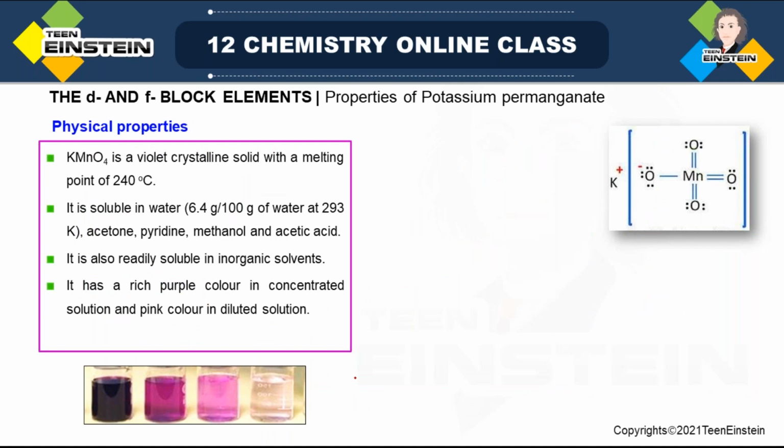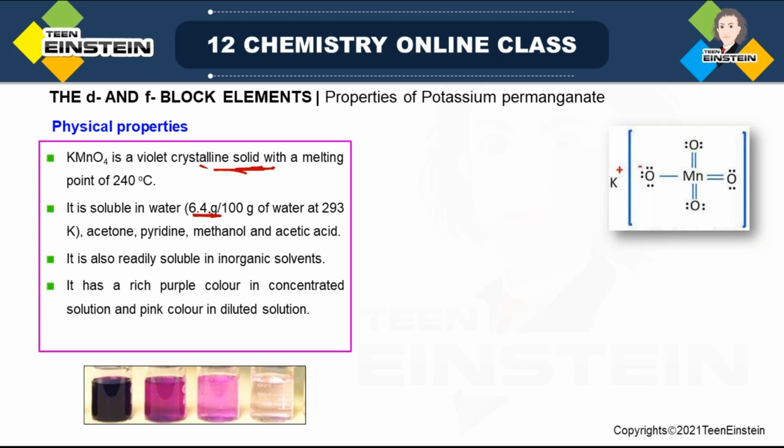After the preparation method of KMnO4, now we will see its physical properties. It is a violet crystalline solid that we have seen already. That is its color. In aqueous solution, you will be better able to understand what the actual color is. Melting point 240 degrees centigrade. It is soluble in water, but what is the solubility amount?